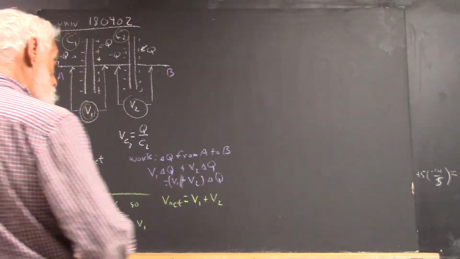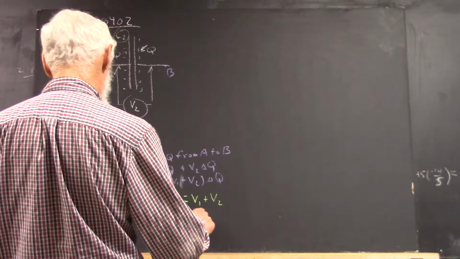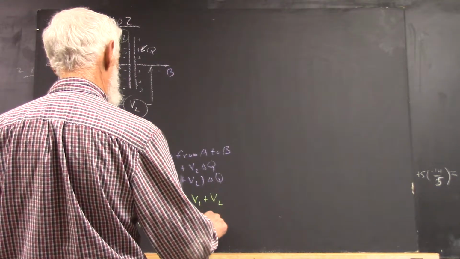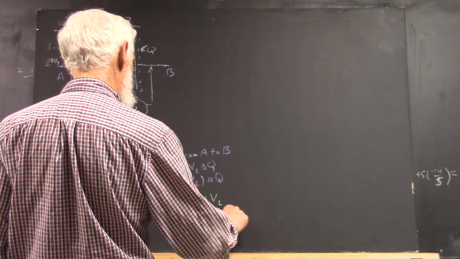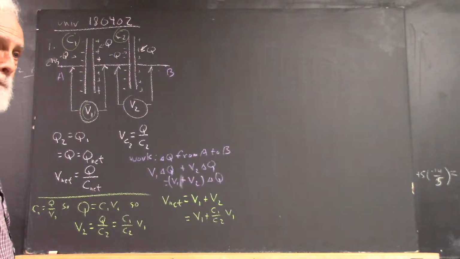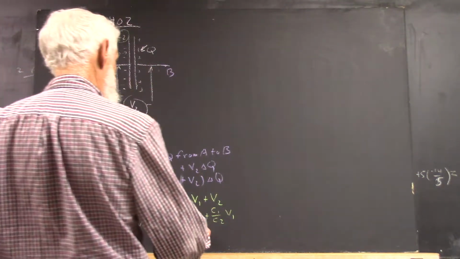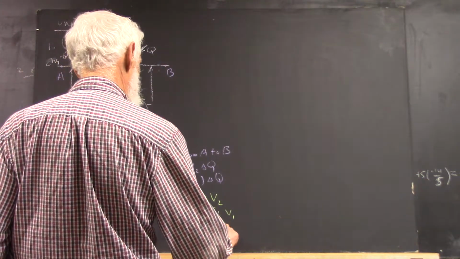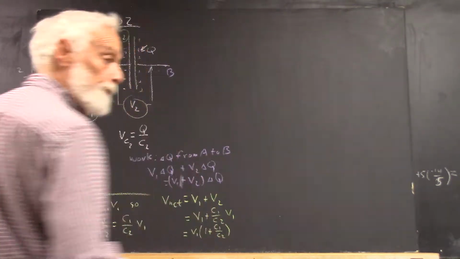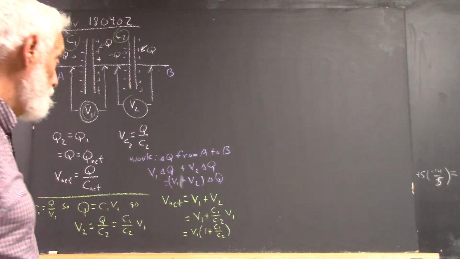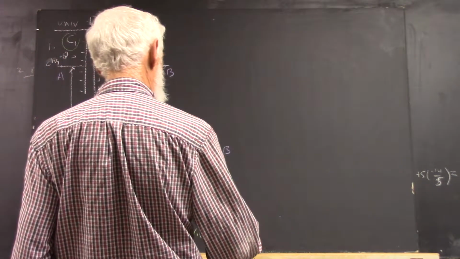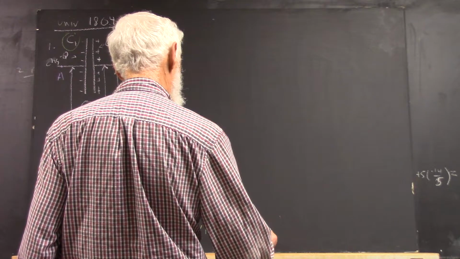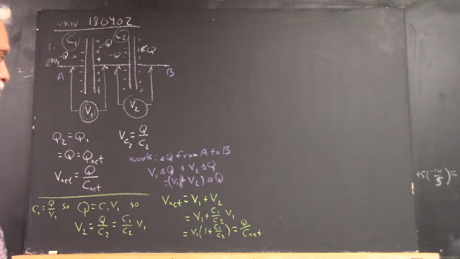So that equals V1 plus C1 over C2 times V1. Okay? And that equals Q over C net.